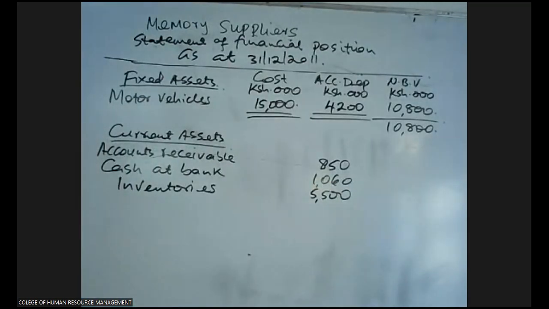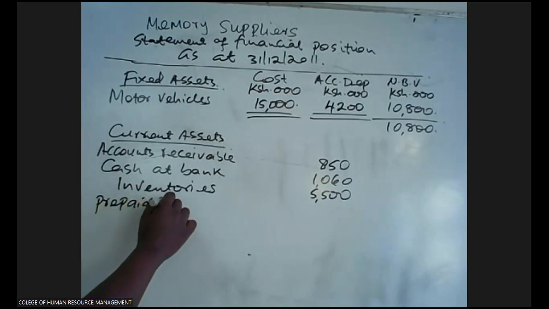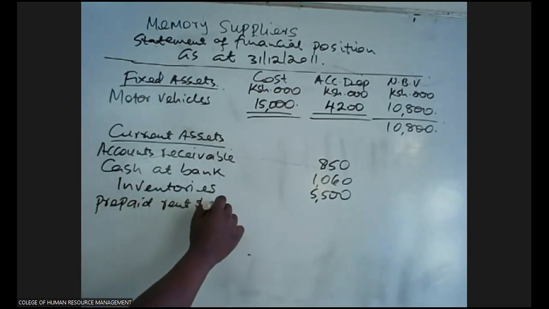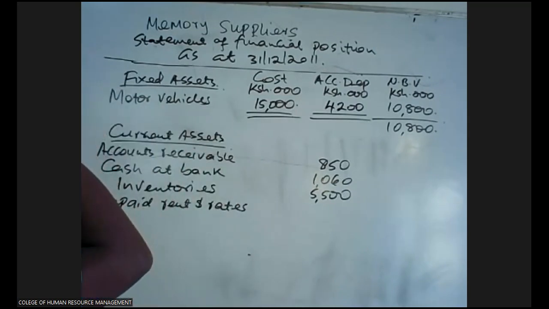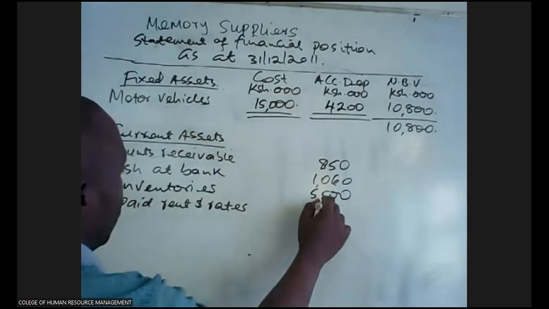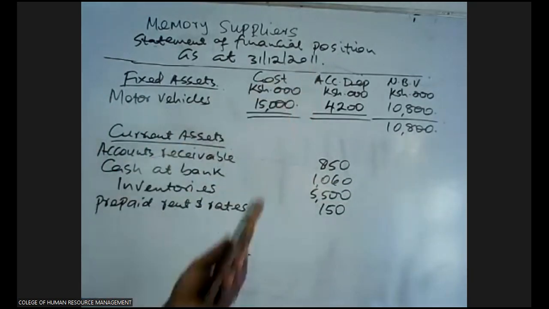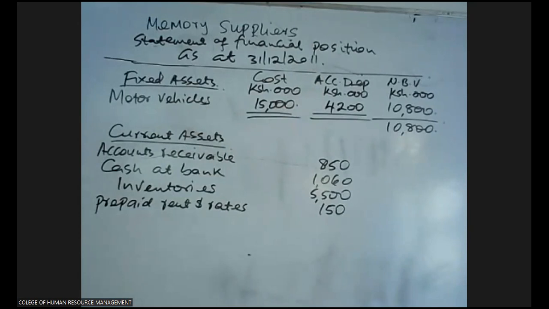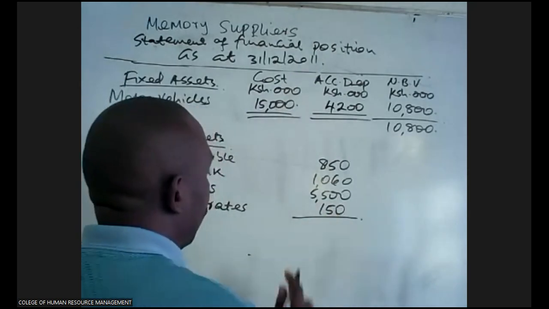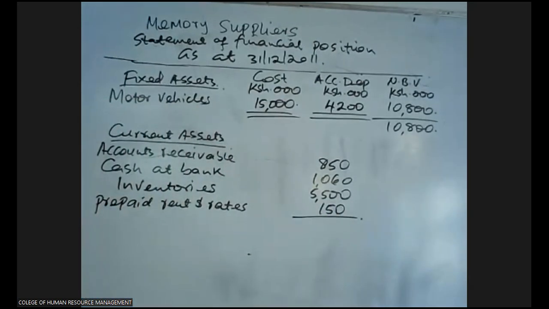Then look at the prepayments and the accruals. If there is any prepaid expense, it is an asset. Here we have the prepaid rent and rates, 150. We remove the three zeros because they are captured at the top there. That is all. Sum them.